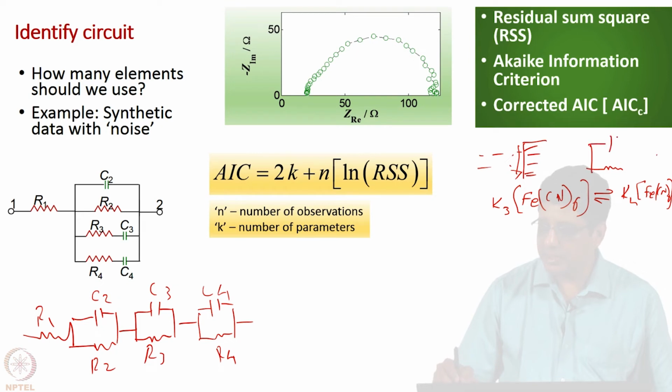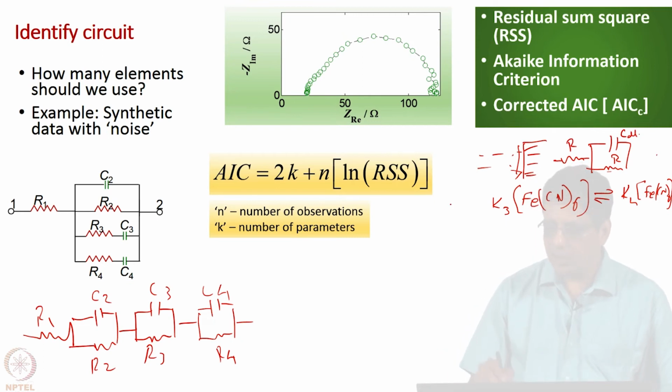So, I can say this is the double layer capacitor, this is the resistor, and this is the solution resistance. I have physical meaning assigned to each: this represents the reaction and this represents the double layer capacitance, and this would give me a semicircle here.